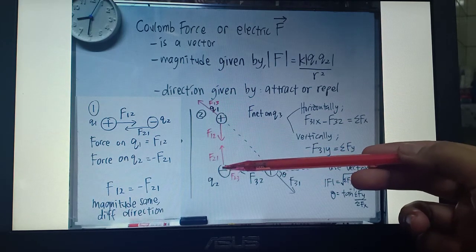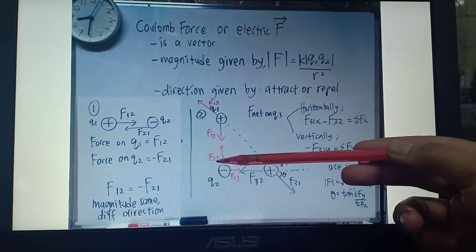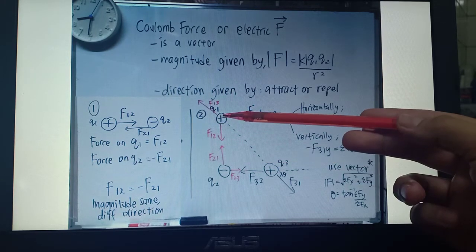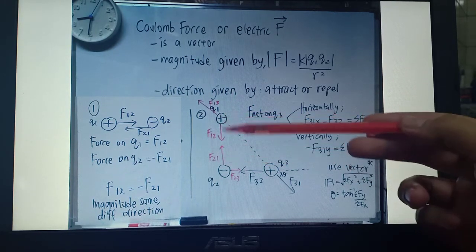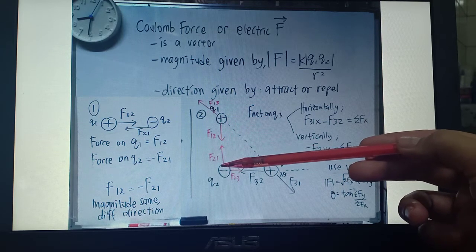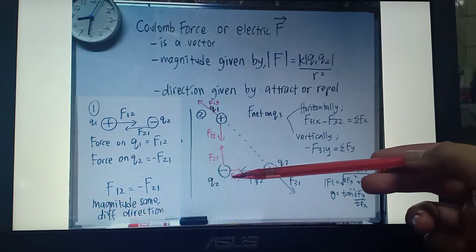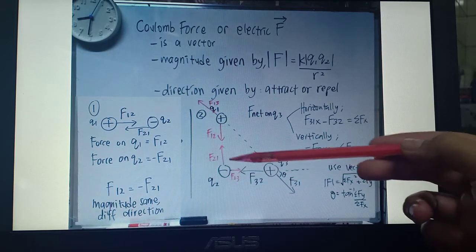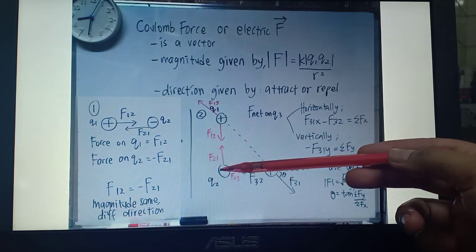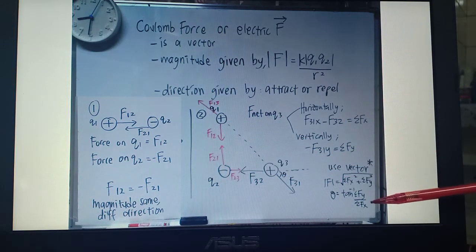For F21, the force on charge 2 because of charge 1, they also attract each other, so it goes upward. To calculate for Q2, F23 is already perfectly horizontal and F21 is already perfectly vertical, so you just use the same equation for the vector.